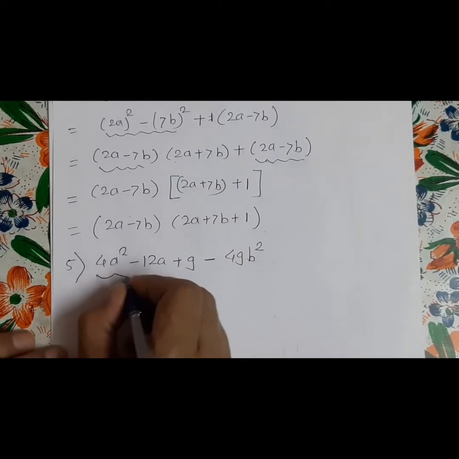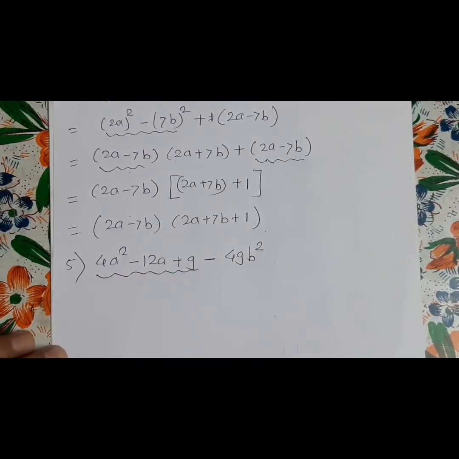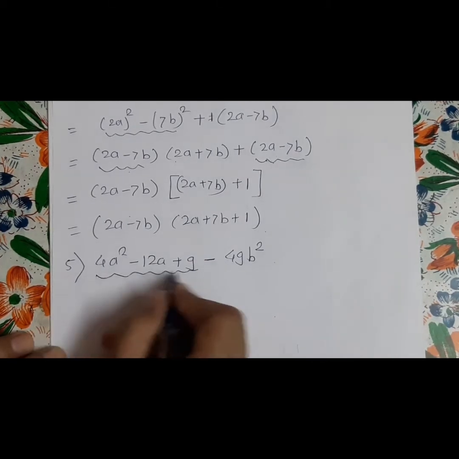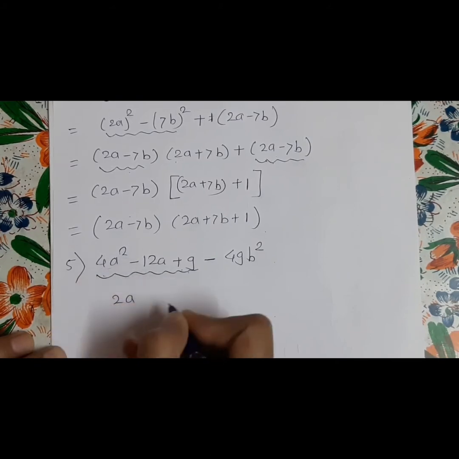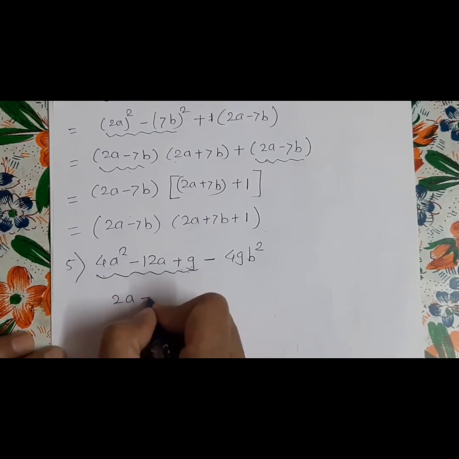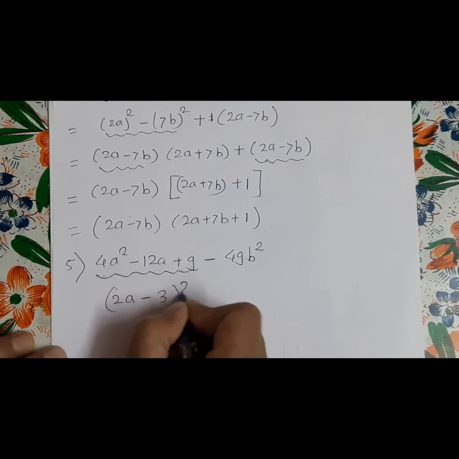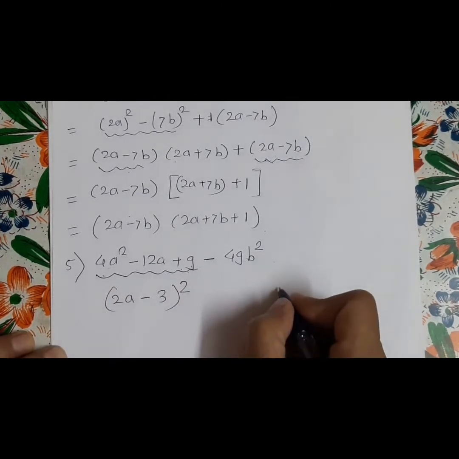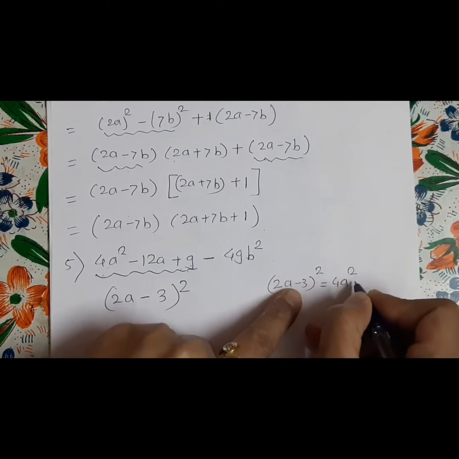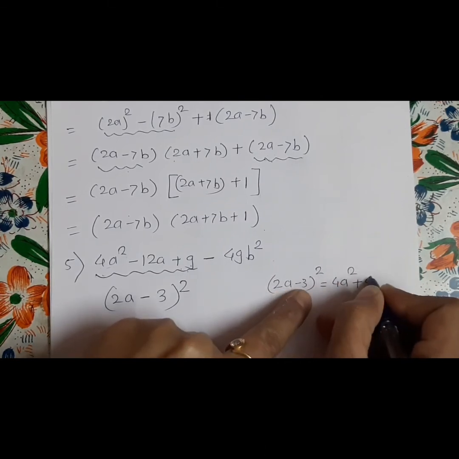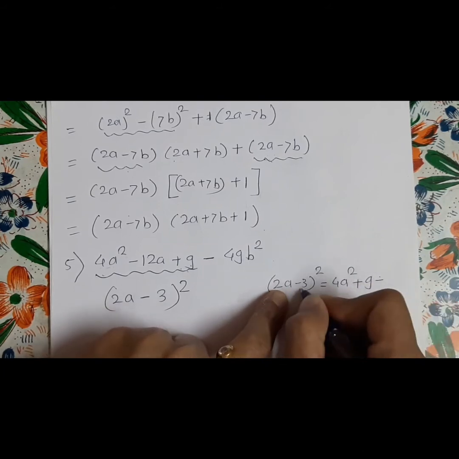Okay, if you look at the first three terms, this is nothing but a trinomial, or you can call it a quadratic expression. So in place of this, we can write the square root of 4a square, it is 2a, and the square root of 9, it is 3. So 2a minus 3 and its square I will write. Why? Because we know that 2a minus 3 its square is nothing but the square of the first term, that is 4a square, plus the square of the second term, it is 9, minus, why minus?